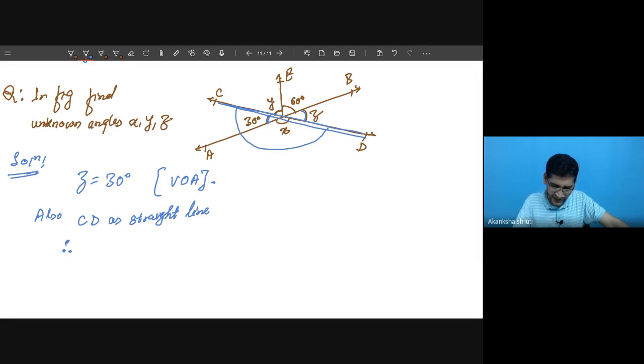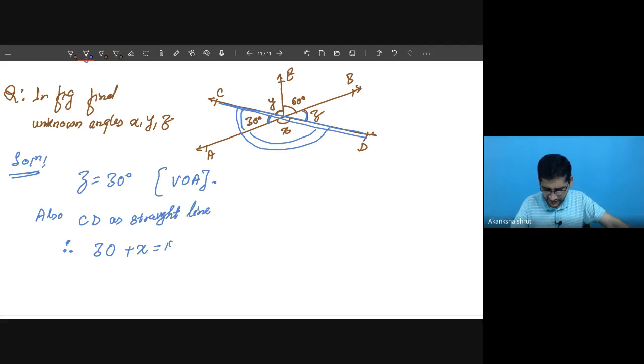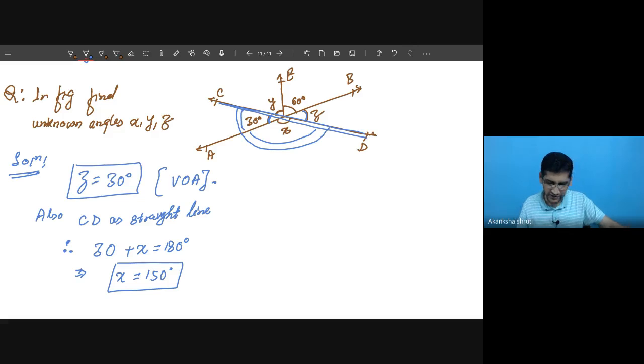Therefore, you have to watch from this 30 degree plus X. This is the 30 and this is the X. This is forming the straight angle 180 degree. So this implies X, you have to subtract from 180. It is 150 degree. So this way X is calculated, Z is calculated.